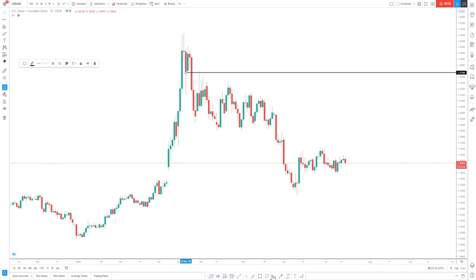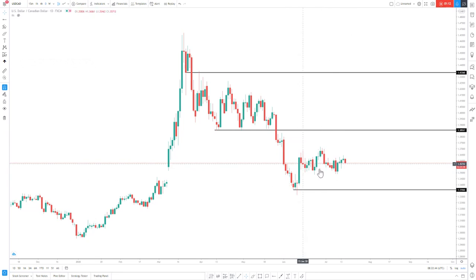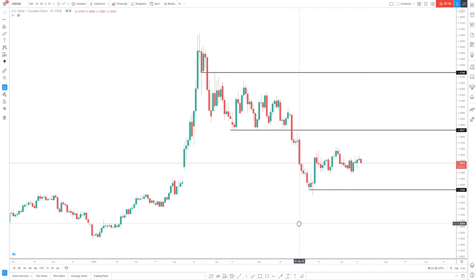Then we dumped further, creating another structure while we moved sideways for a while. We dumped further, came back for a little weak retest, missed by a few pips actually, and we dumped further again, creating this last structure right here. And we're just moving sideways. That's the whole thing I see on USD CAD.